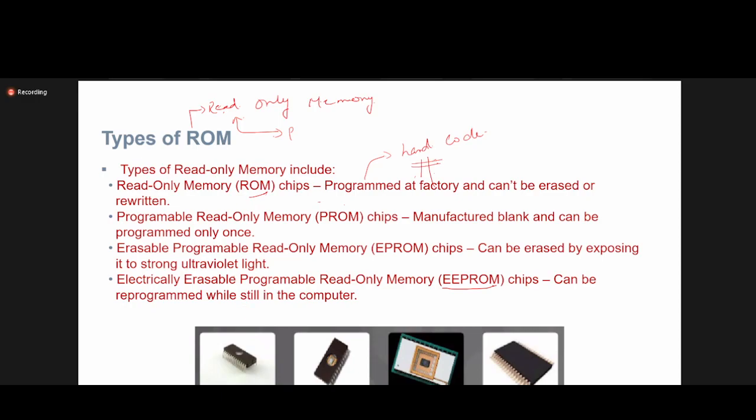Another type is EPROM, erasable programmable read-only memory. It can be erased by exposing it to strong ultraviolet light, so it can be rewritten.